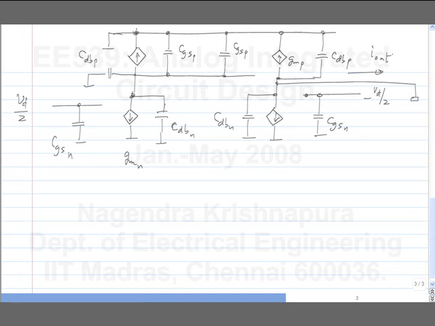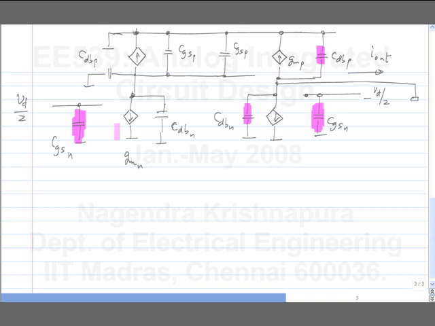Okay. So which are all the capacitances I can neglect right away? First of all, this and this appear across the output short circuit. Okay. And this one and this one appear across the output short circuit, and this appears across the input voltage source. And this appears across the input voltage source also.